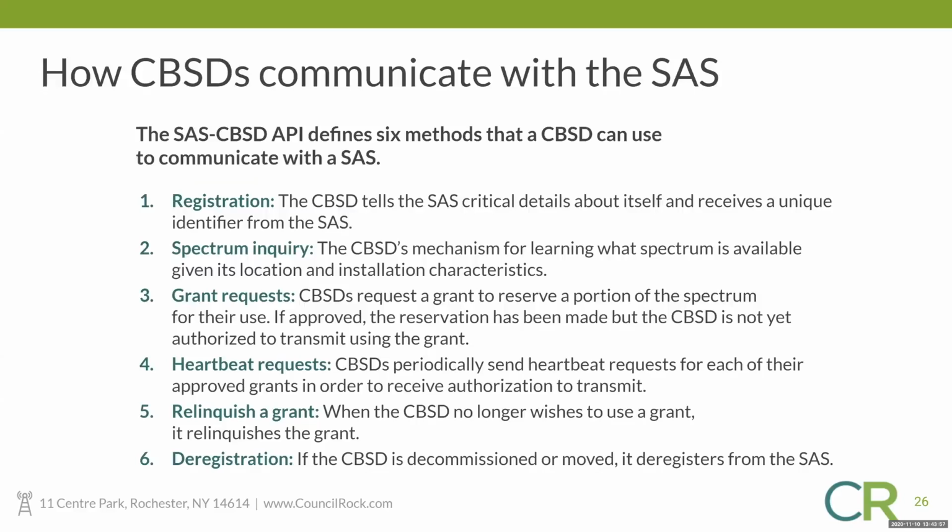These are the 6 steps that need to happen from a CBSD perspective to ensure that the SAS is going to allow the operation of that device in the spectrum. One of them is the registration. The CBSD tells the SAS all the critical details about the location, the CBSD, and the power transmission, and receives a unique identifier from the SAS.